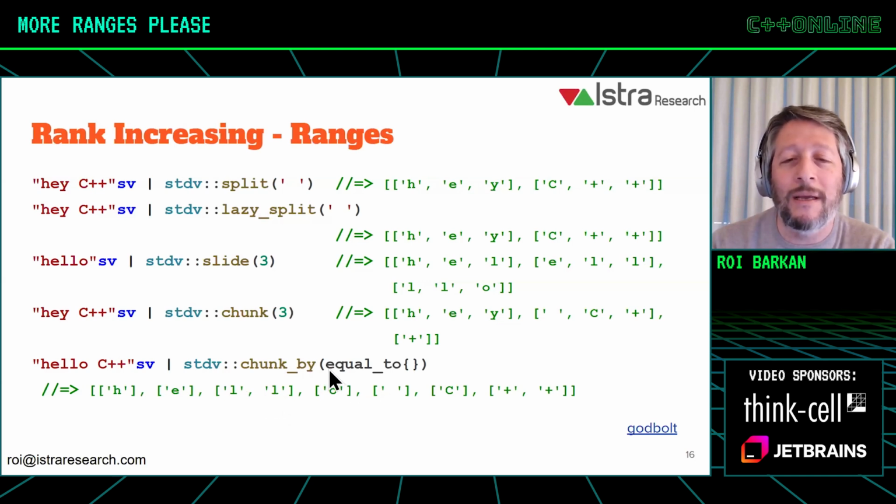Whereas whenever we see a pair of adjacent elements that are not equal to each other, that's an indication for chunk_by to create a new sub-range. And basically this way we cut a range of characters into several ranges of ranges, each of them of identical characters on their own, and we've increased the rank.